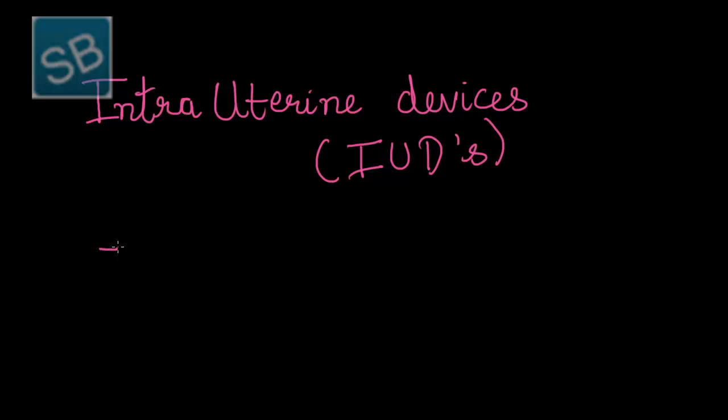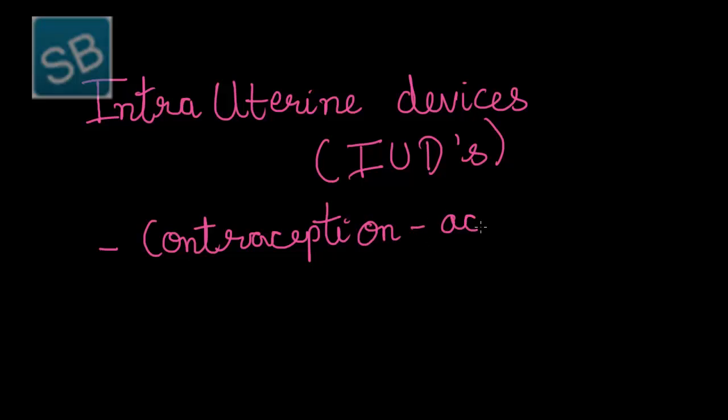Intrauterine devices can be considered as a device which acts as a contraception, that is achieved by introducing a foreign body into the uterus of the female.